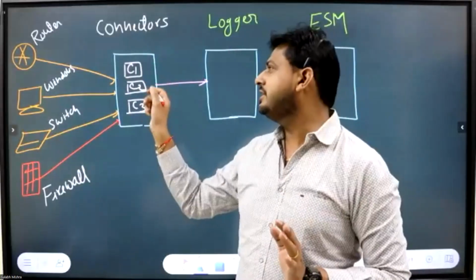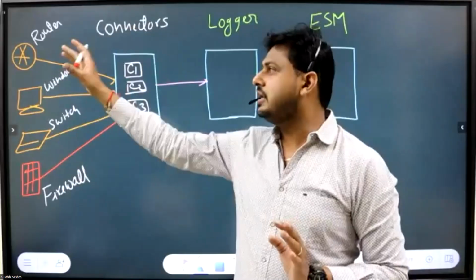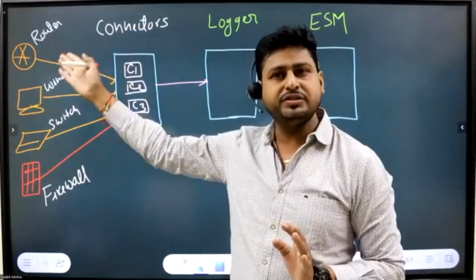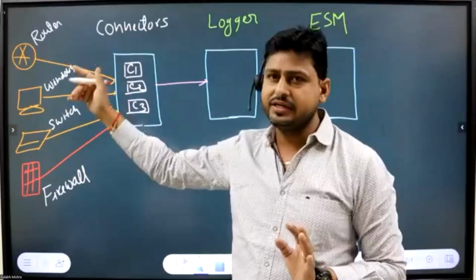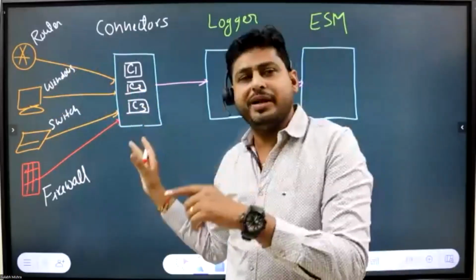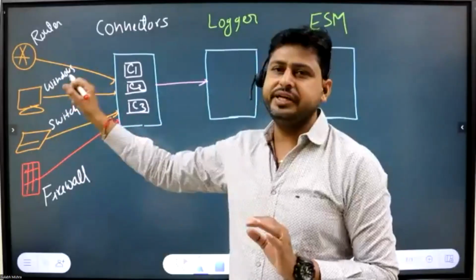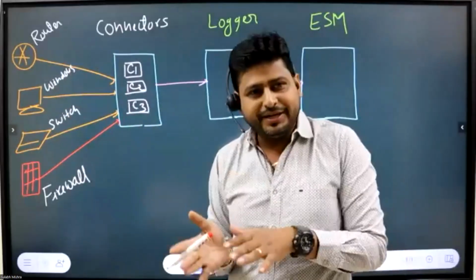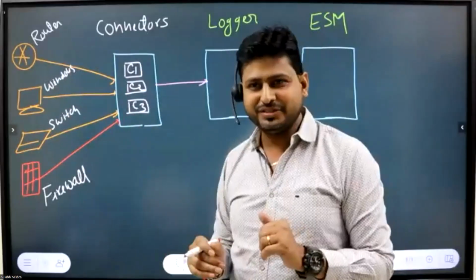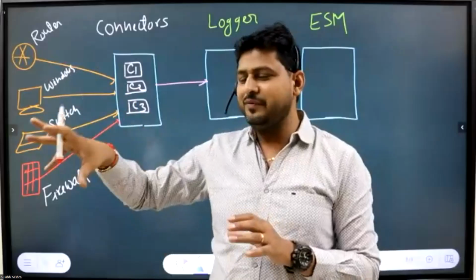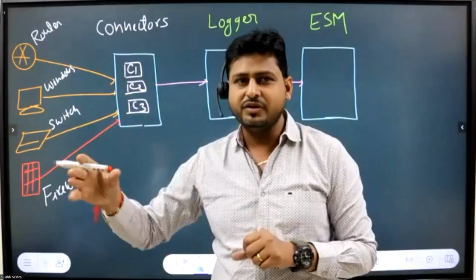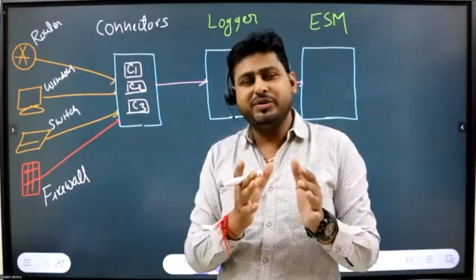The connector is the component of Arcsight which collects real-time logs from network devices, security devices, servers, applications, etc. Once it collects the logs, it normalizes them, which means mapping the device-specific logs to your SIEM's defined common format.